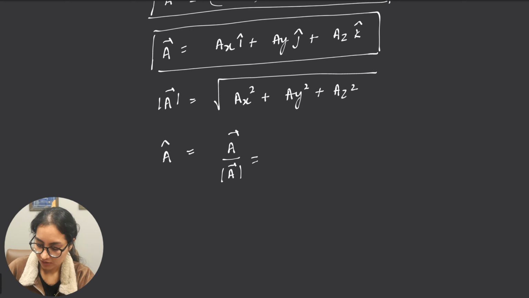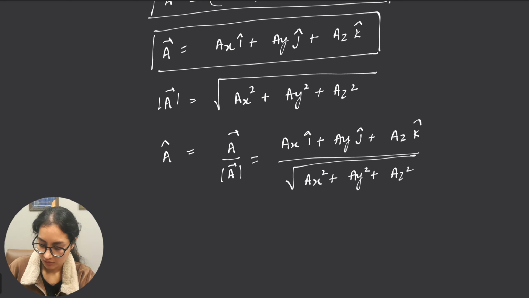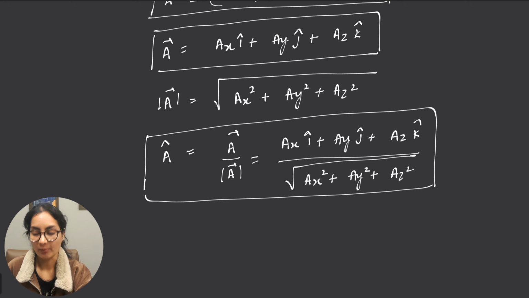That is Ax i cap plus Ay j cap plus Az k cap over its magnitude, the square root of Ax squared plus Ay squared plus Az squared. That's the direction of the A vector in 3 dimensions.